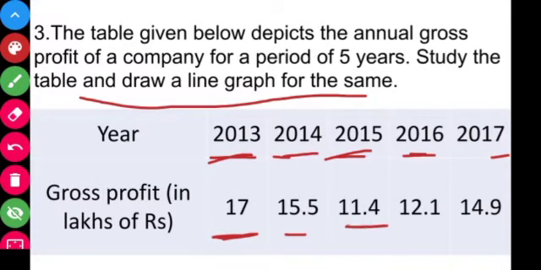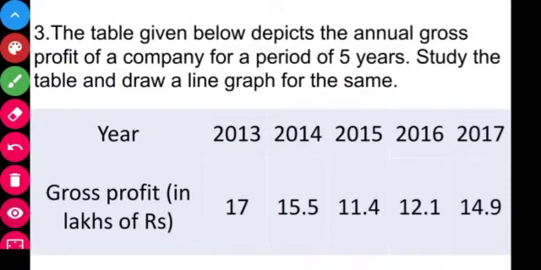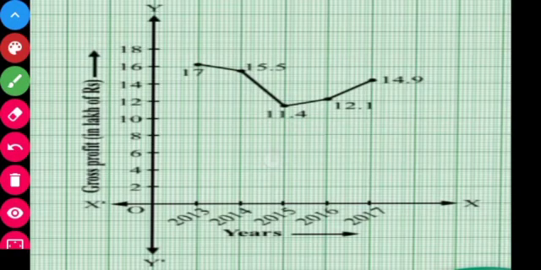Okay, so let's start now. Again draw the x-axis and y-axis, and on the x-axis we have to take years: 2013, 2014, 2015, 2016, 2017. And gross profit on the y-axis you have to take.